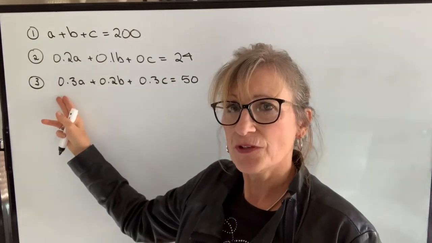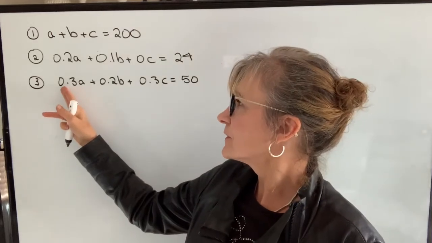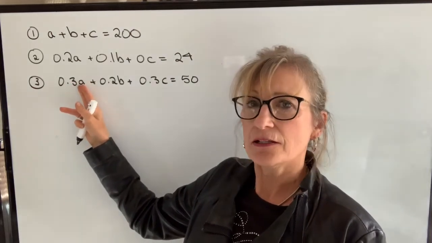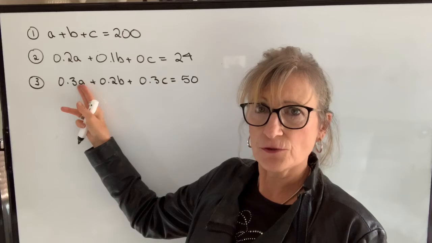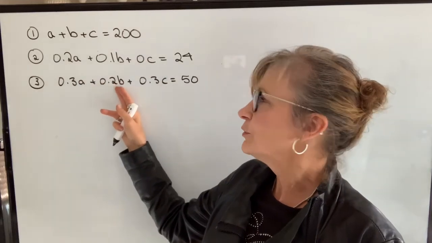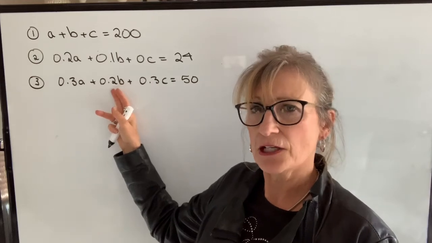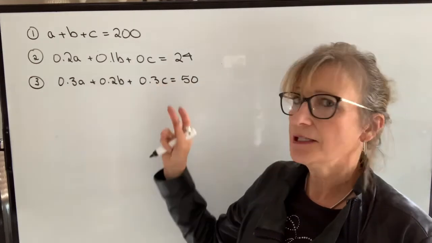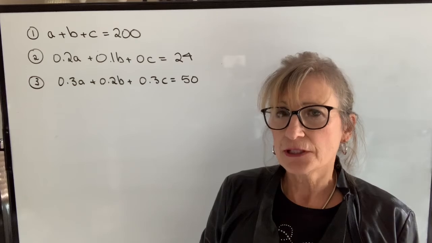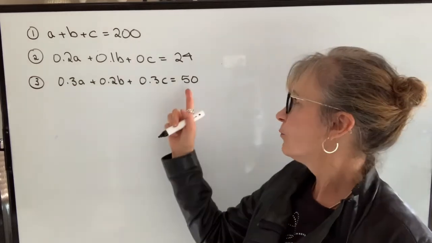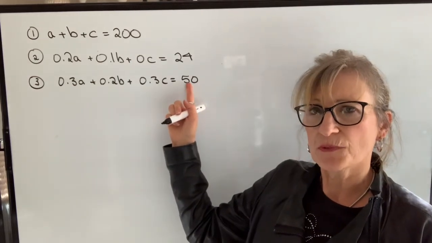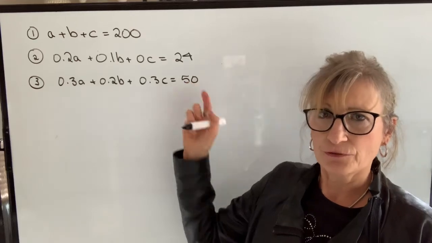Similarly, with nitrogen, there is 0.3 times A nitrogen in our first fertilizer, 0.2 times B amount of nitrogen in our second fertilizer, and 0.3 C kilograms of nitrogen in our third fertilizer. We want to end up with 50 kilograms of nitrogen in our final fertilizer.